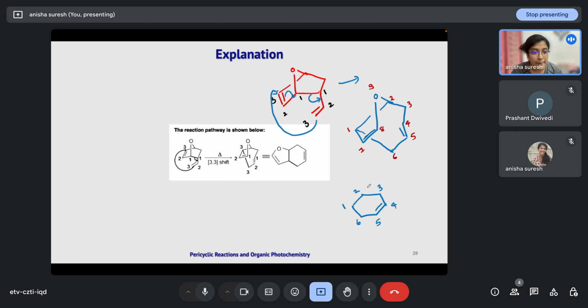2 is carbon number 9, which is having an oxygen. Then comes 9, 8, 7. Between 8 and 7 a double bond is coming, and 7 and 1 are also connected. So this will be the final product. Okay.